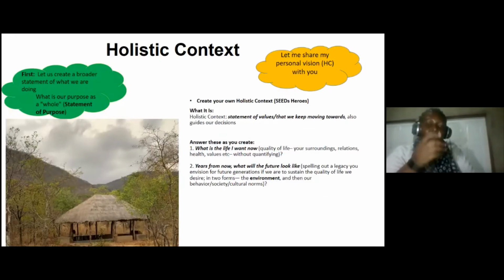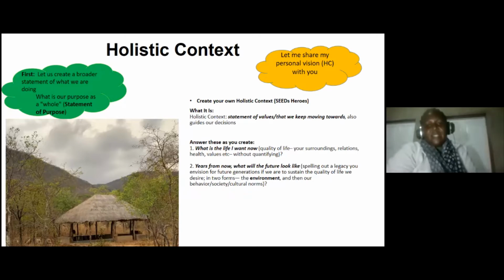Now, when we are done defining all that and assessing how we make decisions, we say, let's now create a holistic context. A holistic context is like a broad statement or vision of values of what we want our quality of life to be like now, and then from there, what we want the future to look like.